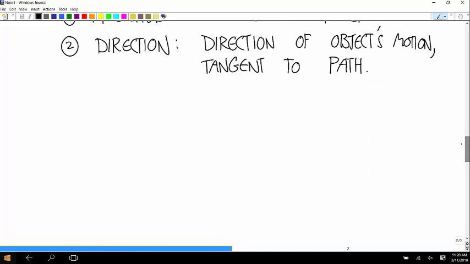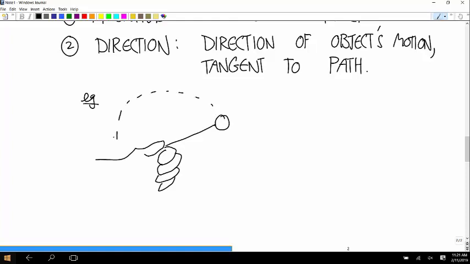Okay, so for example, let's say you have a little mass on a string and it's swinging around a circular path.